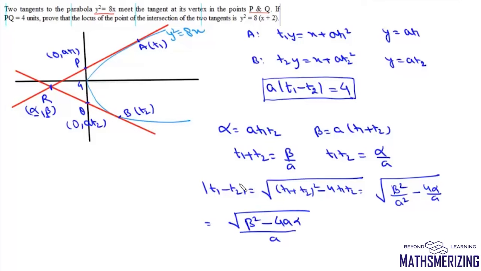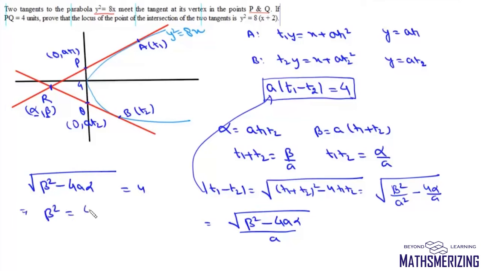Now it is given that a times mod (t1 minus t2) is 4, so we'll put the value of t1 minus t2 in this equation. Then we'll get under root of (beta square minus 4a alpha) equals 4. Now we'll square it, and we'll get beta square equals 4a alpha plus 16.